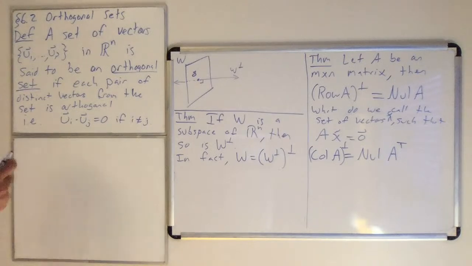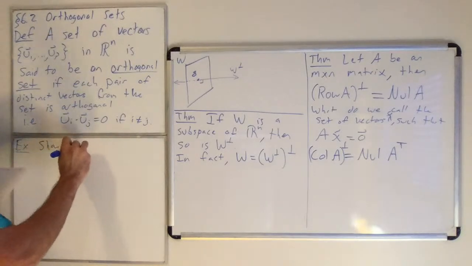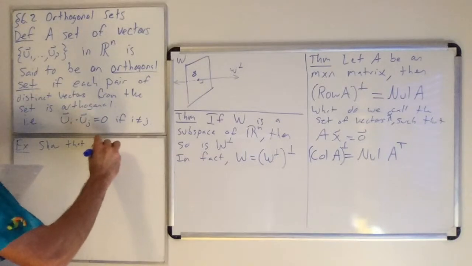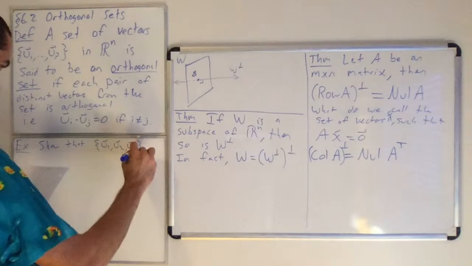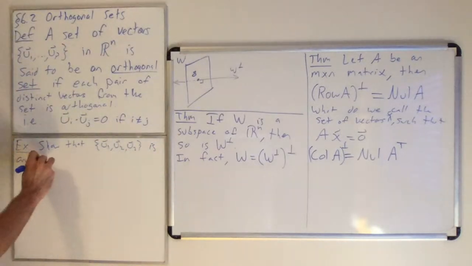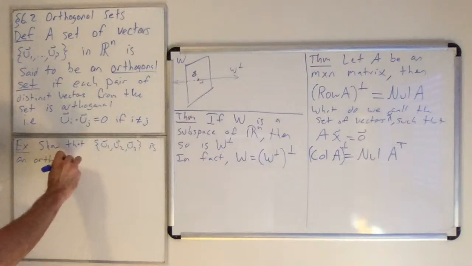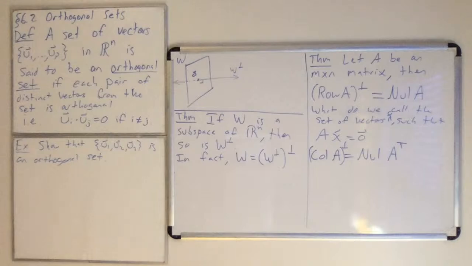So let's just work out a quick example. We'll show that U1, U2, and U3 is an orthogonal set.